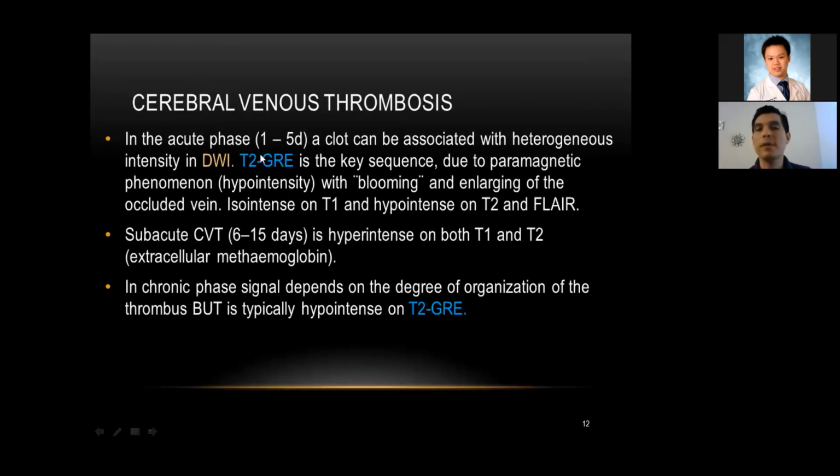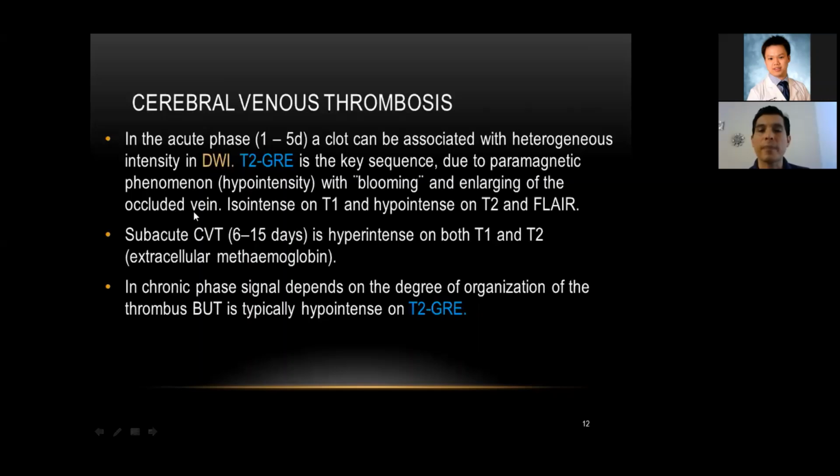DWI will be heterogeneous. DWI can mimic a stroke, but T2 gradient is our key sequence to show the thrombus with this sign of blooming and enlarging of the occluded vein. And this is because of paramagnetic phenomenon of the deposit of deoxyhemoglobin and then metahemoglobin that is very restricted indeed in that area.